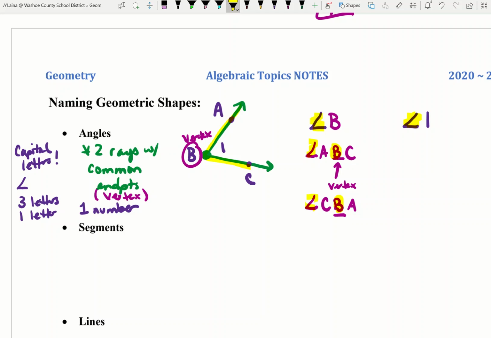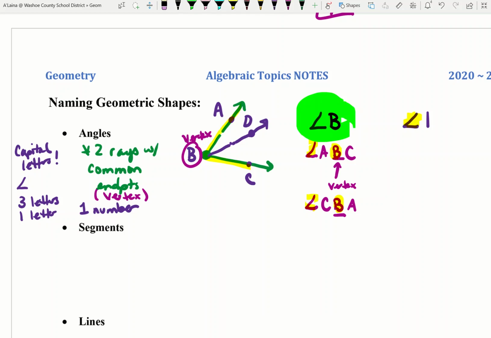Now there are times where the most straightforward way cannot be used. Calling an angle B is awesome if there's only 1 angle at the vertex. But there are times you might have a more complicated drawing like this, where if I say angle B, it's really confusing. Am I talking about the whole angle B, that big one?